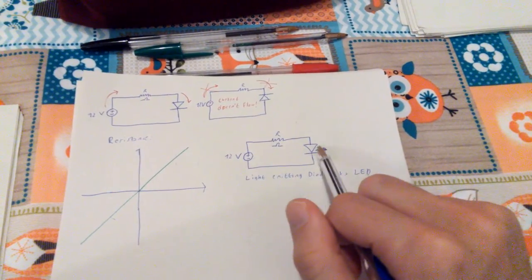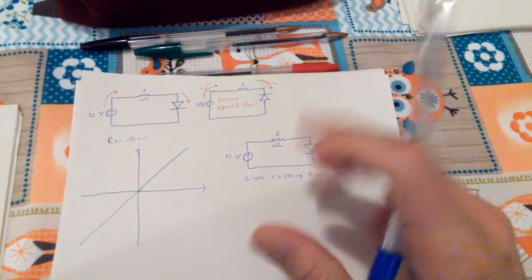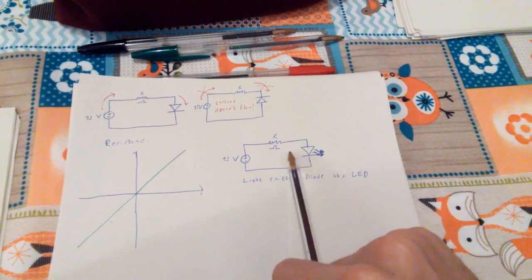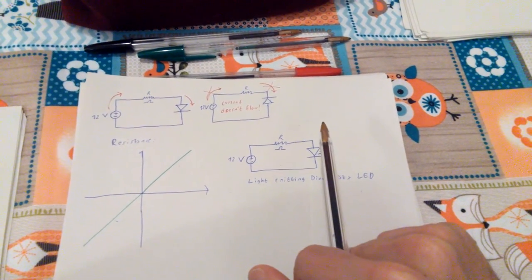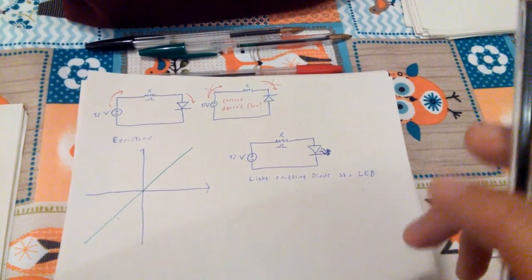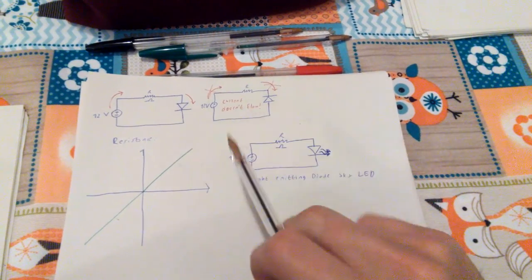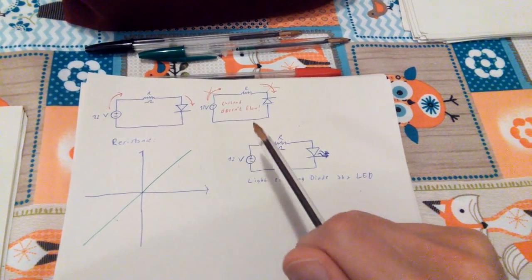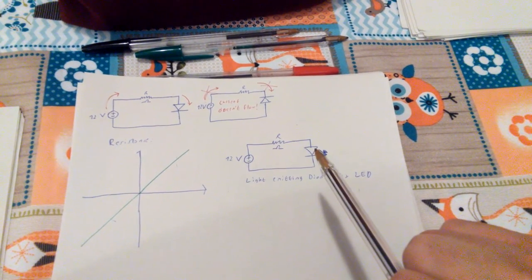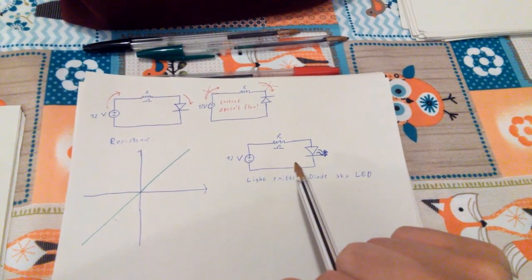There are many useful things you can do with an LED, and they're spread across devices. So this is pretty much it. I'm not going to talk any further about diodes, but this is the general idea.